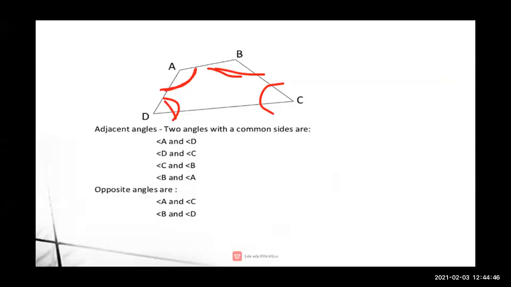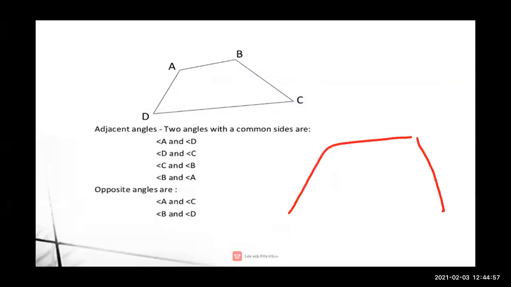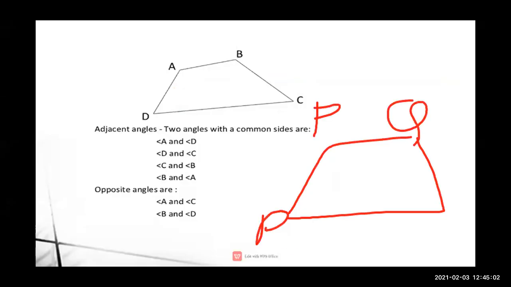I will make one figure and you tell me what the opposites are. Now what is the opposite angle? First will be, very good, P and S. So how will you write?